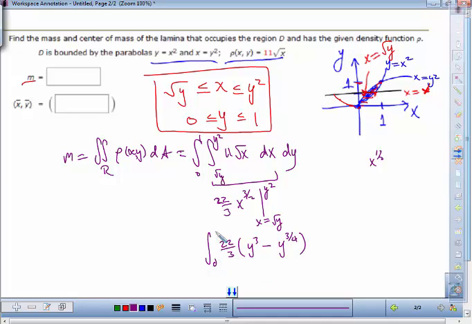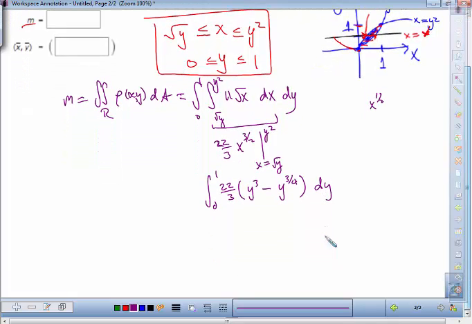And then you're going to integrate this from 0 to 1 with respect to y. So 22 over 3 is constant.